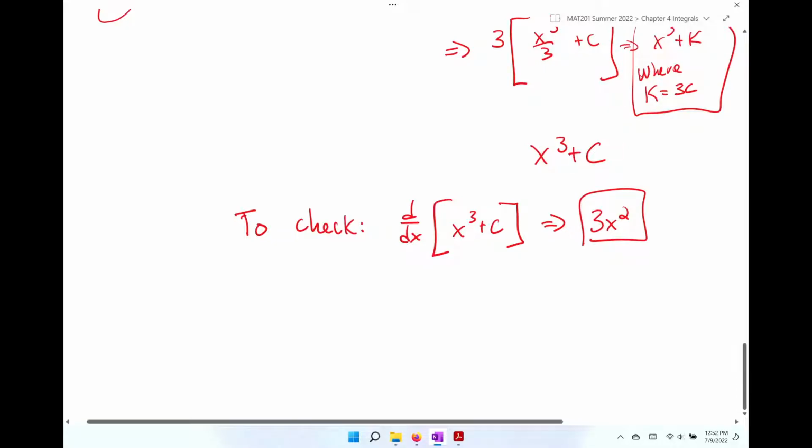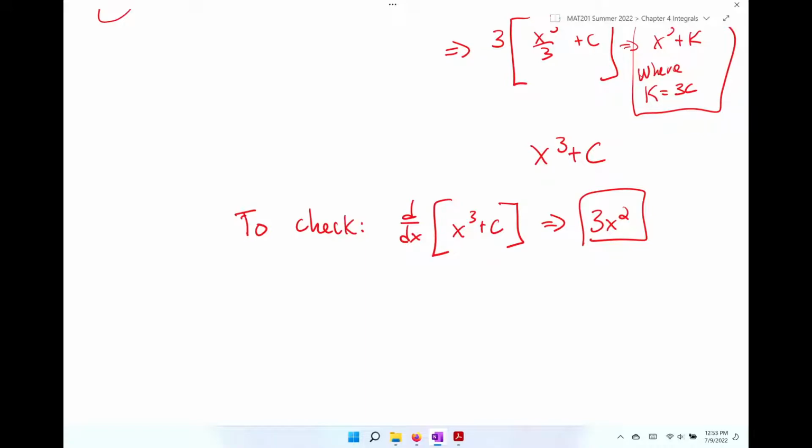So just be aware that some books will just put plus c, versus the higher you go up in math, like in a differential equation book, they will definitely say where k equals 3c, because differential equations, once you start getting more involved, start to behave a little bit differently, especially when you're talking about particular solutions versus complementary solutions and things like that, which probably made no sense, but that's okay.